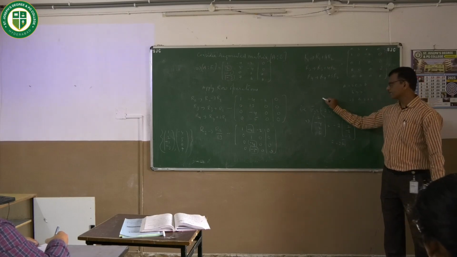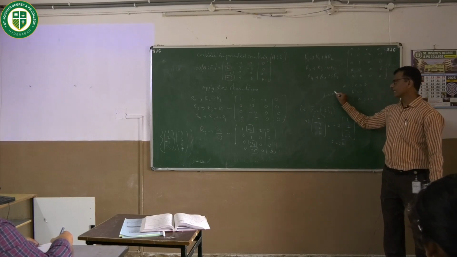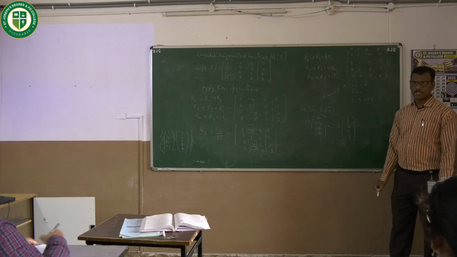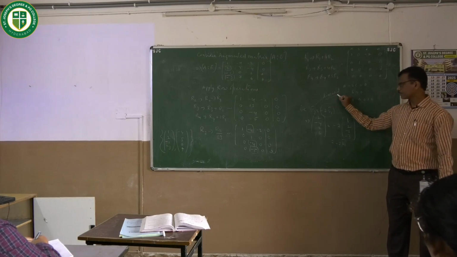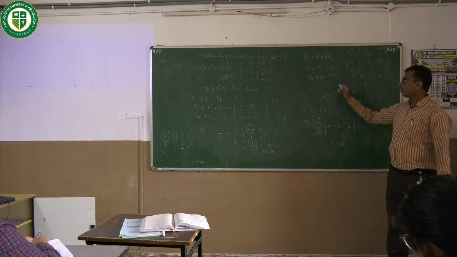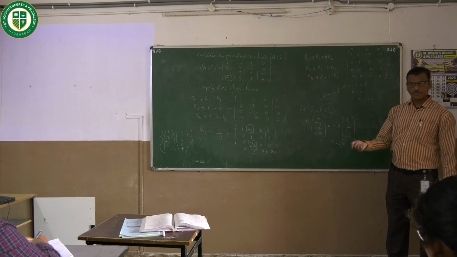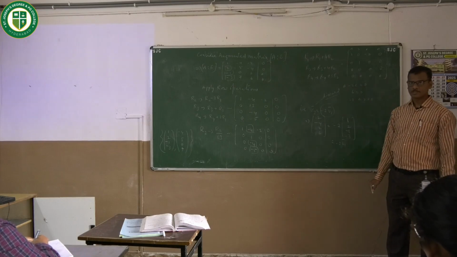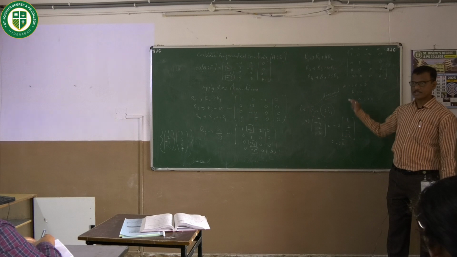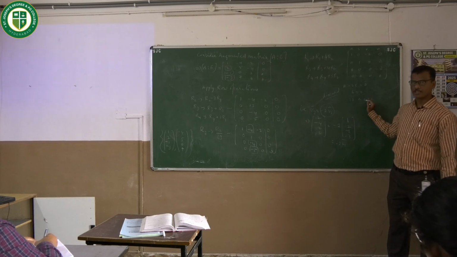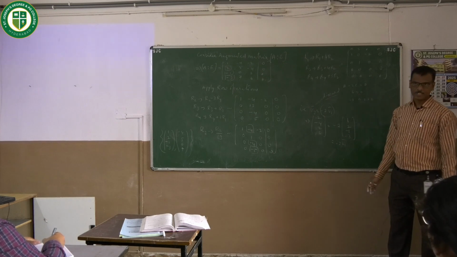That's why V3 bar is discarded by the spanning set theorem. Out of three vectors, at least one vector can be discarded and the set still spans.